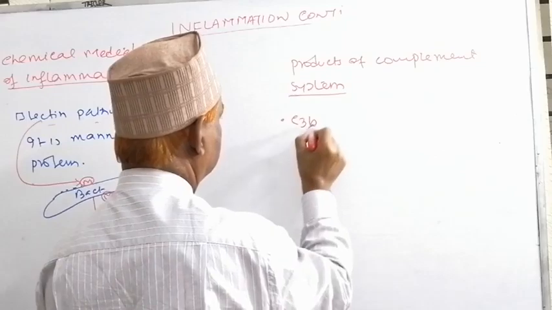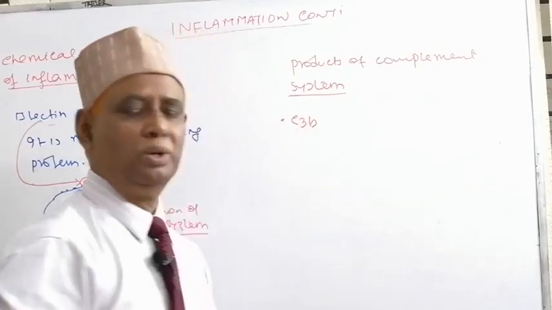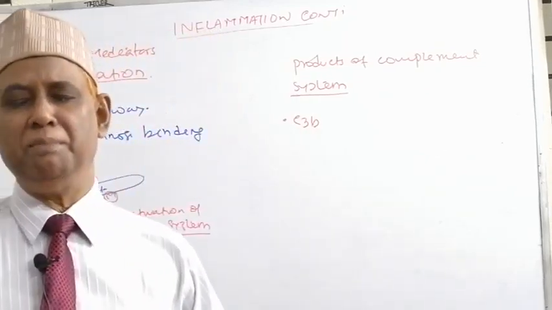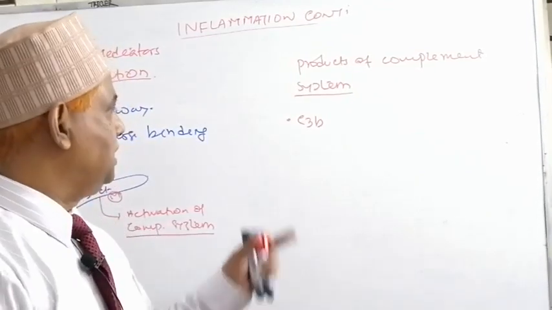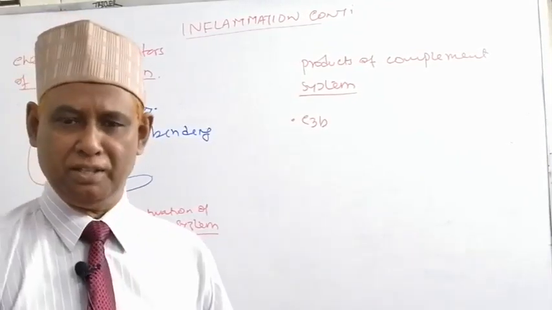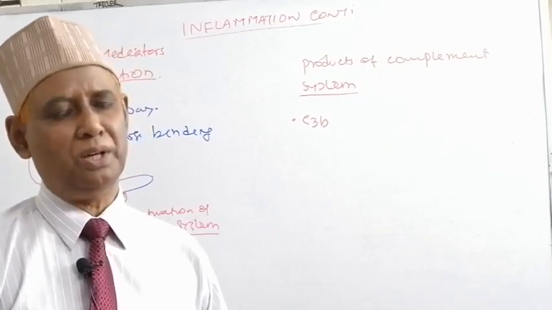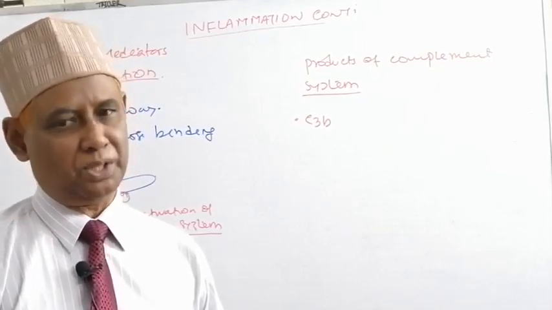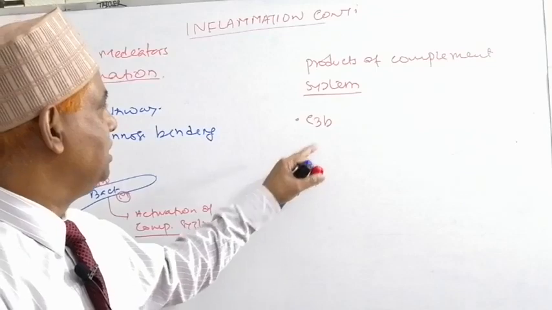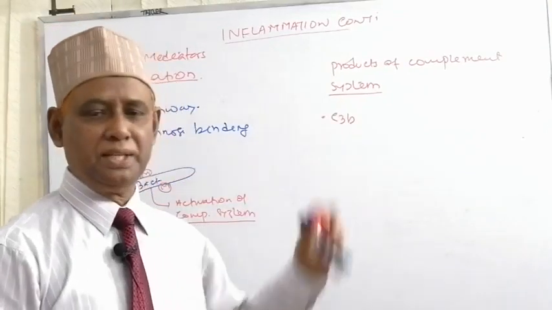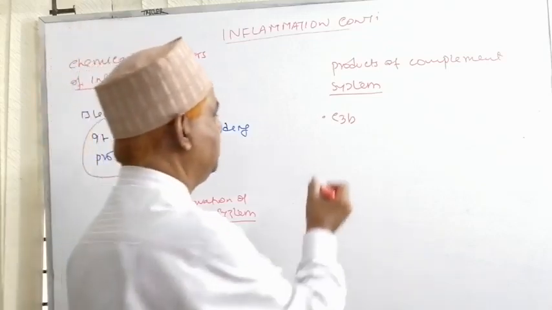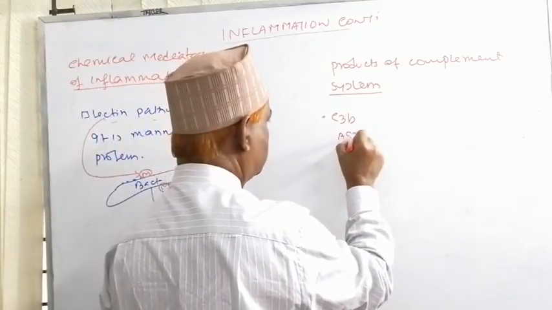C3b. Dear audience, you know C3b is an important opsonin. It is associated with opsonization. Opsonization is an important step of phagocytosis. So C3b is derived from complement system, and it is associated with opsonization.